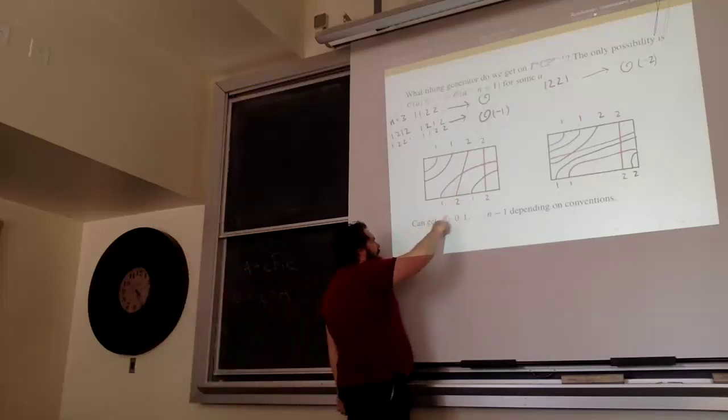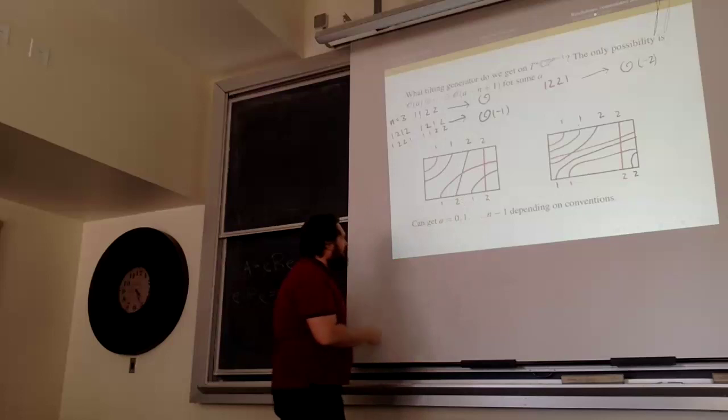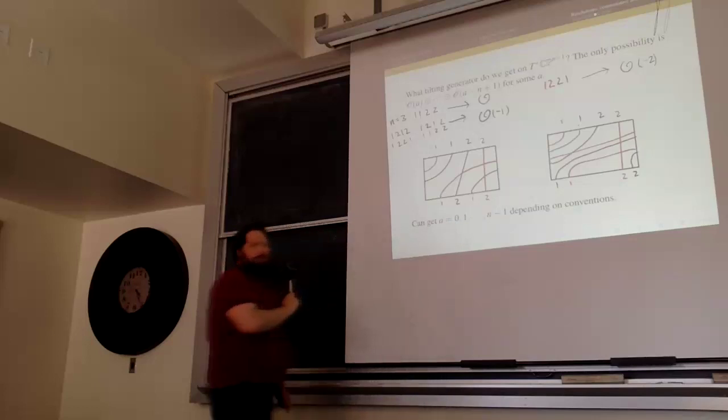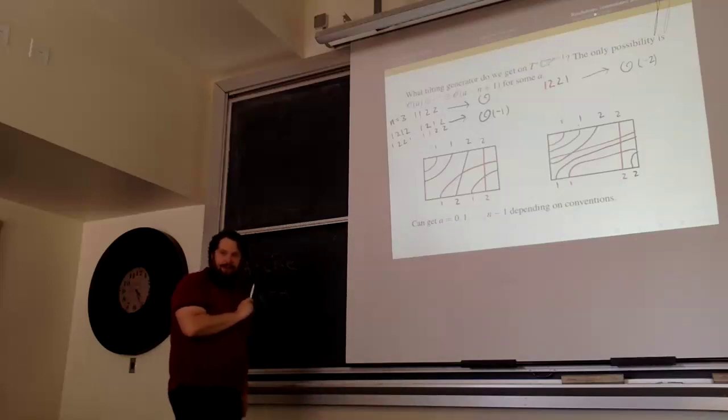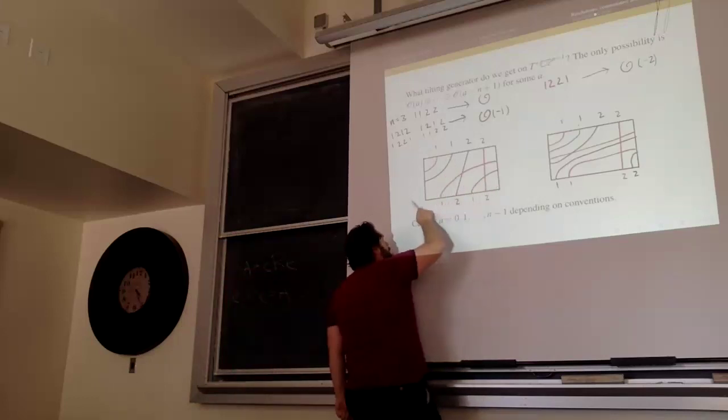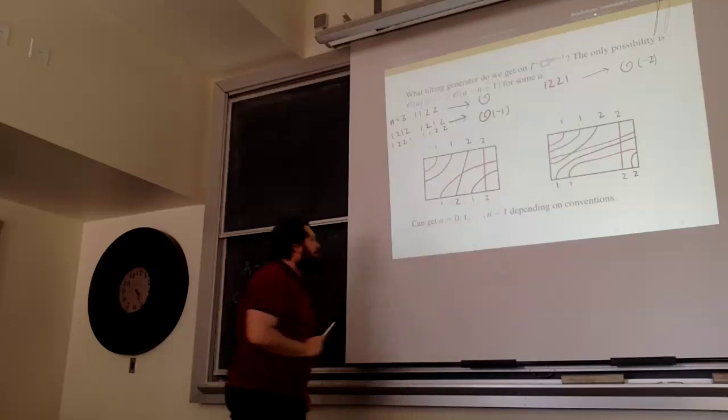And the thing to watch for in here is, again, following the red strands. So this 1 is trying to avoid crossing the red one because that would have degree 1. So when the red one sweeps around, this one follows it.